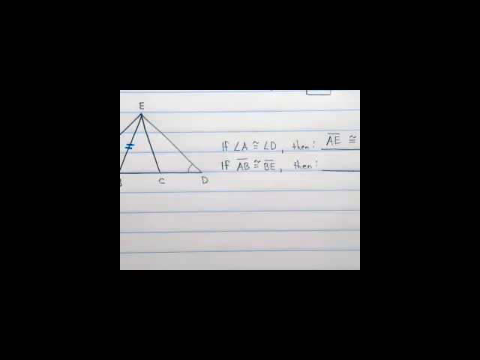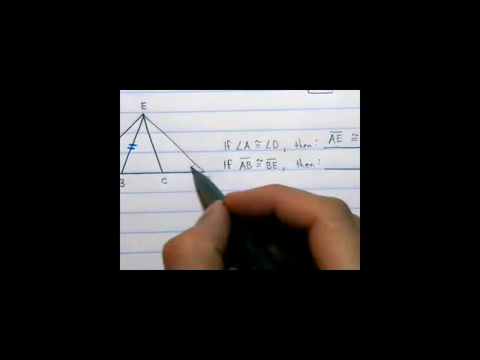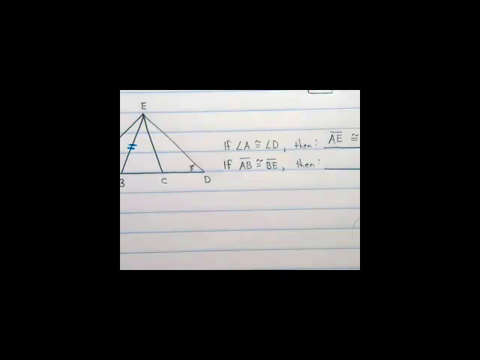Not necessarily. Again, we don't know that these are congruent anymore. These are two completely separate questions. So all we know is AB is congruent to BE. That's all we have to go on. So what other things can we say are congruent on this picture then, if that's what we know?